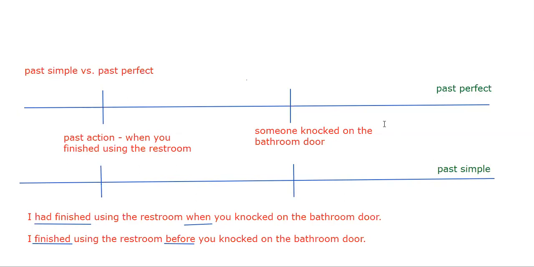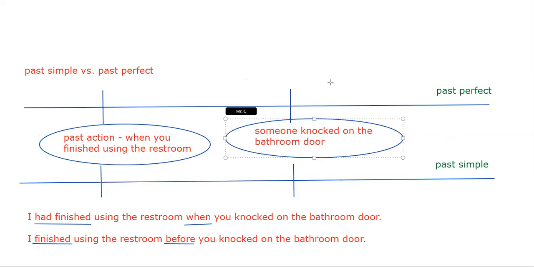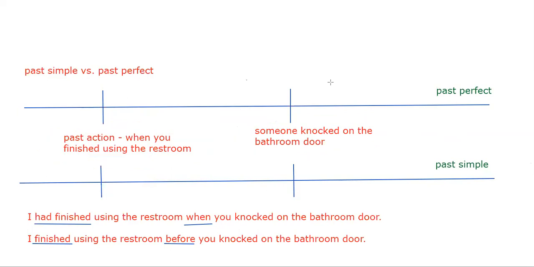So we'll say that this timeline corresponds to the past perfect, and this timeline corresponds to the past simple. And of course, both have the same basic timeline here: when you finish using the restroom and when someone knocked on the bathroom door. And let me fix that.